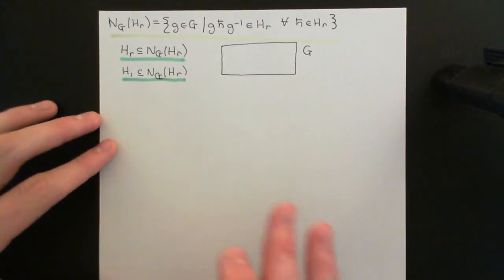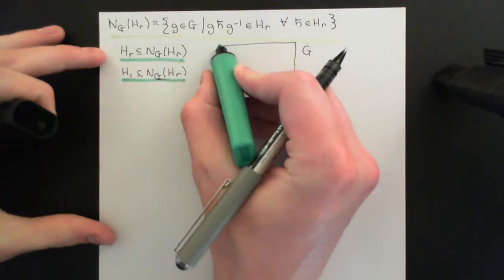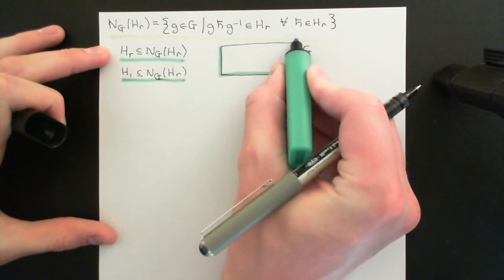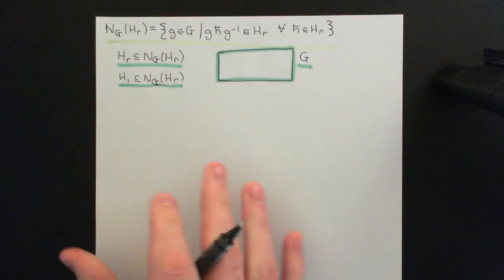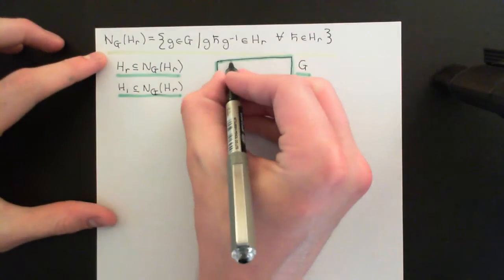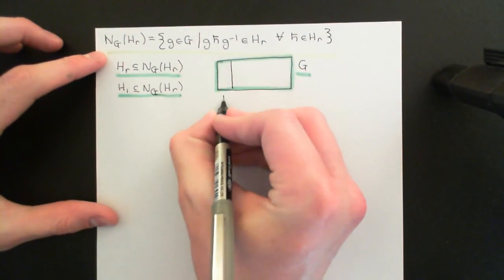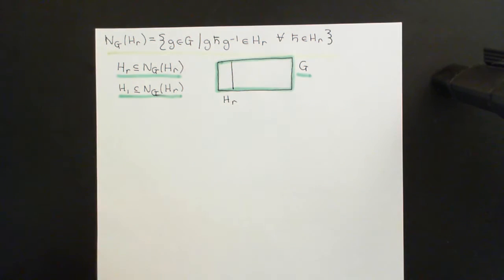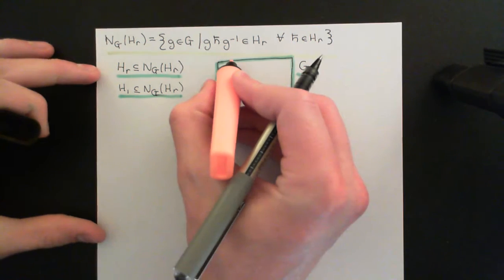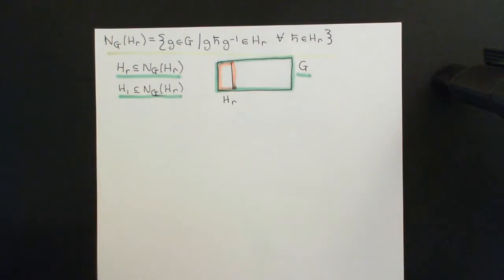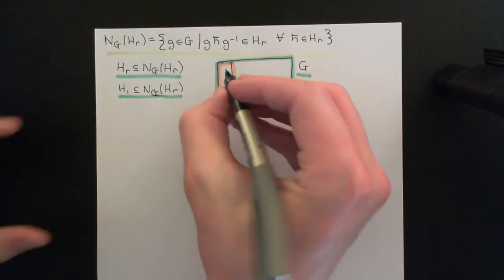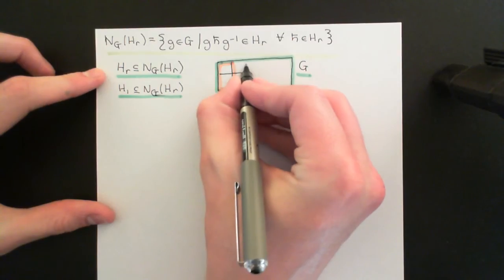Okay, right. So here is my group, which I'll colour in green here. So here's my group, capital G. Okay, and now let's mark on my subgroup, capital HR, firstly. So here is capital HR, this Sylow P subgroup, which we assumed initially was in an orbit of size 1. Okay, then we'll mark on the subgroup capital H1 here.